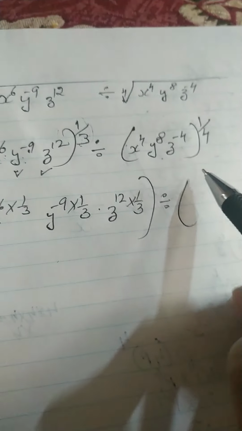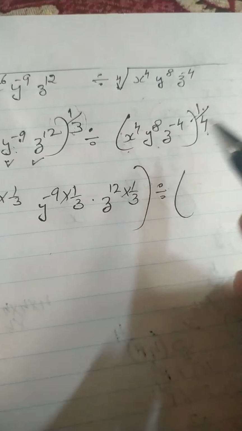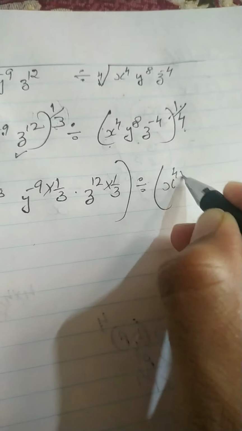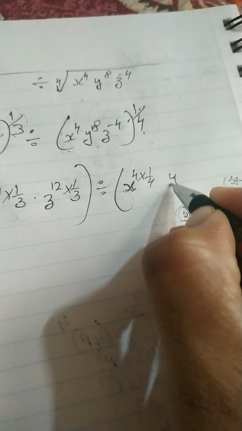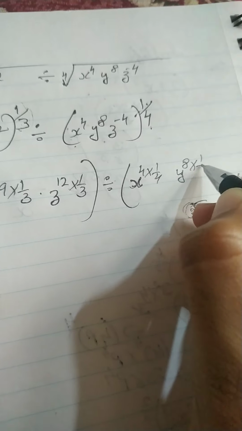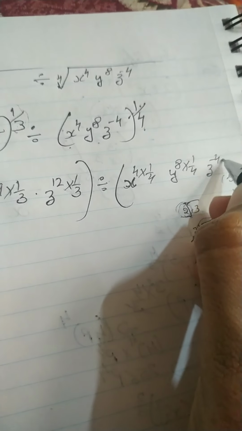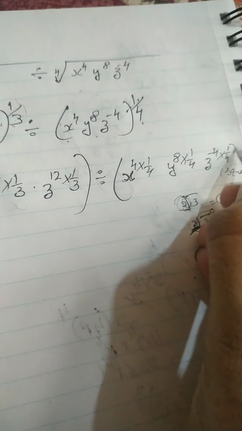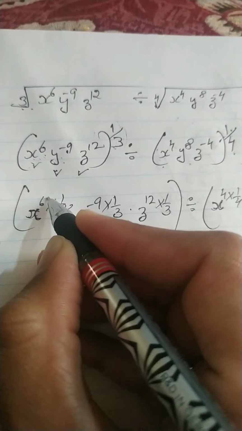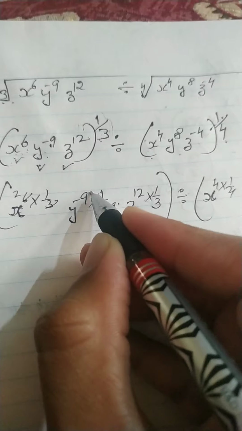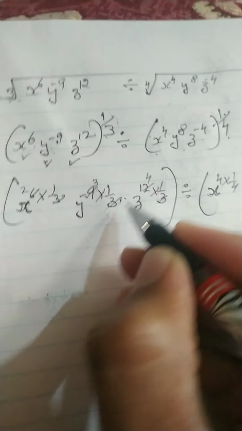Similarly here, this 1 by 4 power will come to each term. First it will multiply with the first term x raised to power 4, then the second term y raised to power 8, then the third term z raised to power minus 4, in the bracket. 3 ones are 3, 3 twos are 6, 3 ones are 3, 3 threes are 9, but minus is left. 3 ones are 3, 3 fours are 12.